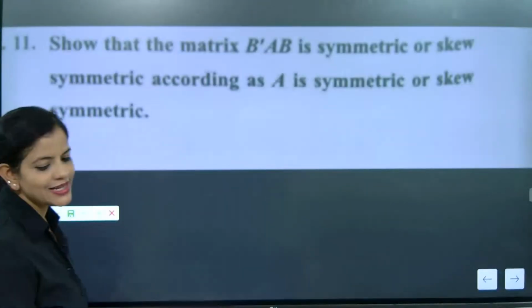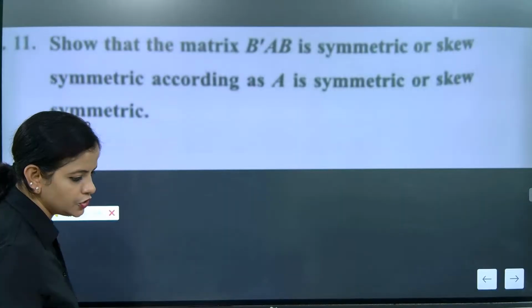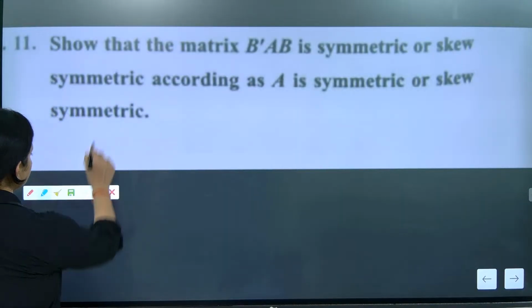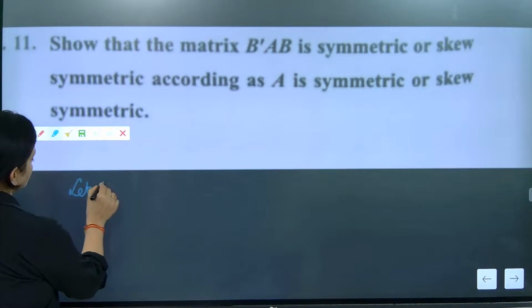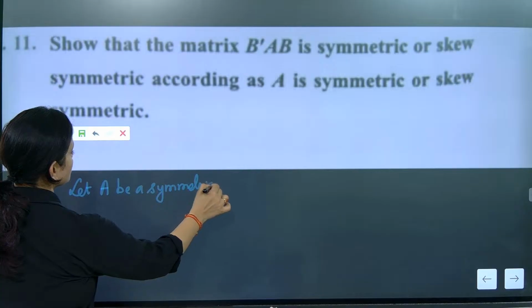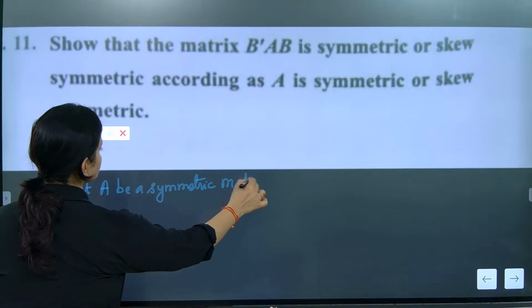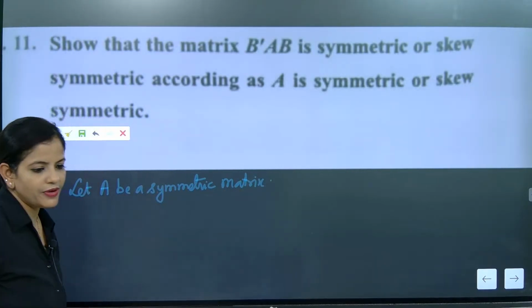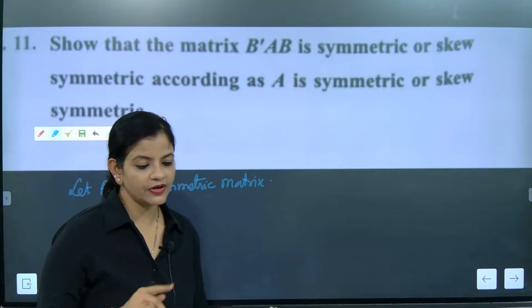First we'll see the case where A is a symmetric matrix. Let A be a symmetric matrix. If A is symmetric, what will happen?